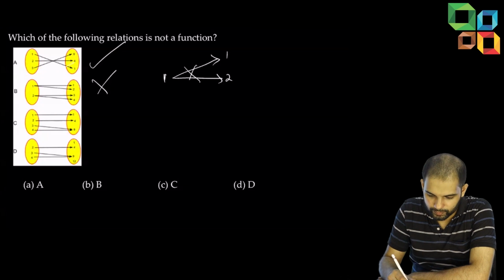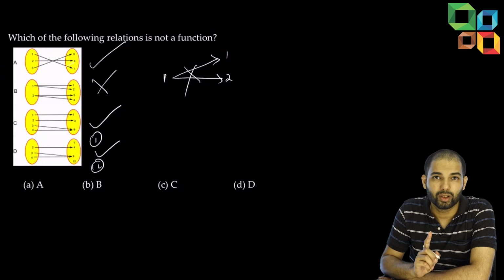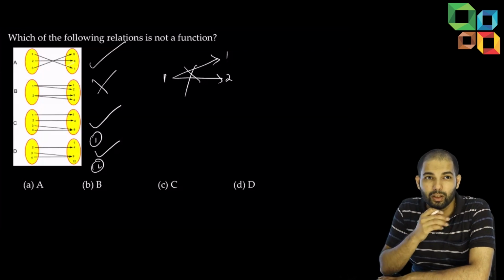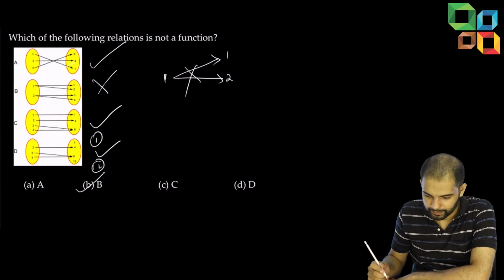Correct? So this is wrong. Other, just cross check. I think even C is fine. Even D is fine. There's one element, 1 remaining, 12 remaining, but that's okay. That's not a condition for a function. It is certainly an issue if that 1 and 12 were in our domain, but they're in the codomain, so we don't have an issue. So your answer is B.